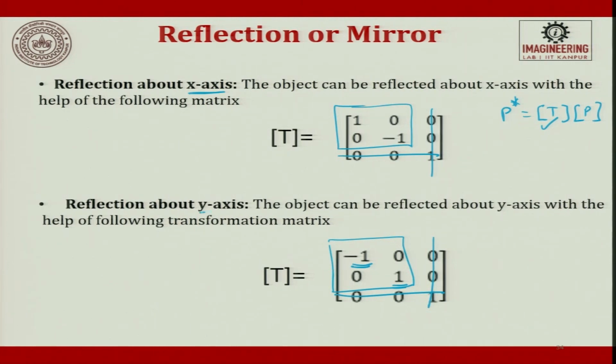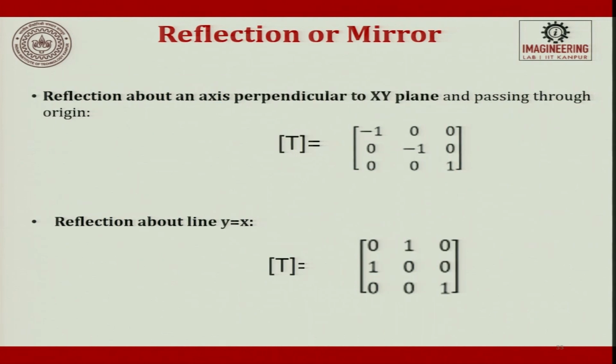Okay. So, this is about x, this is about x and this is about y. And if you want to do reflection perpendicular to the xy plane, this is y, this is x. Then please note it down, both the entries along the diagonal will have a minus sign.